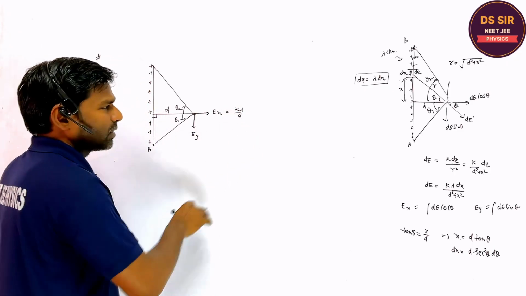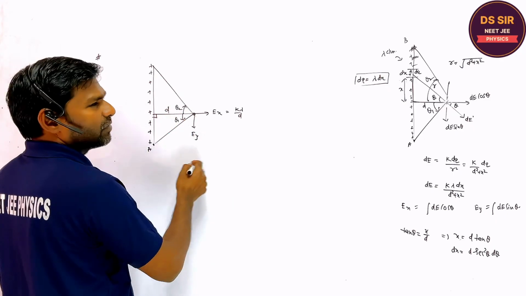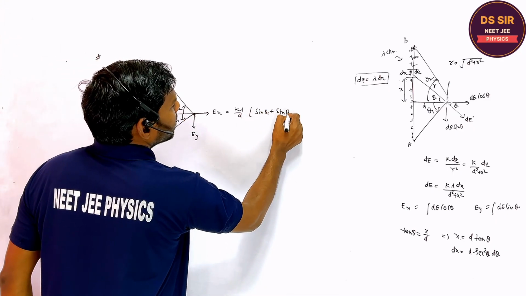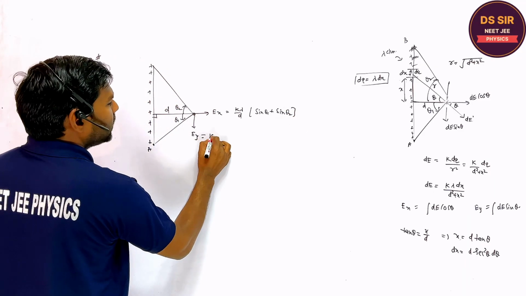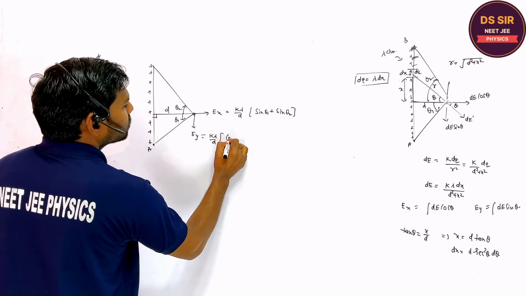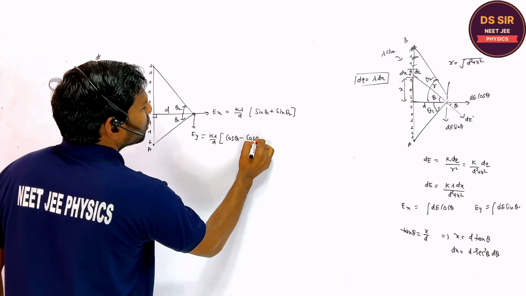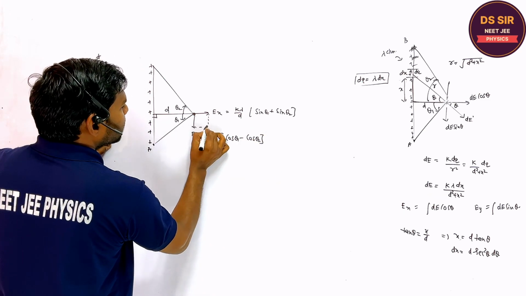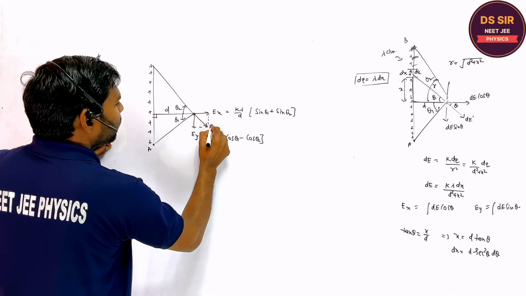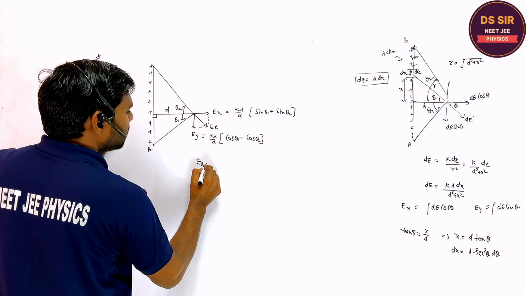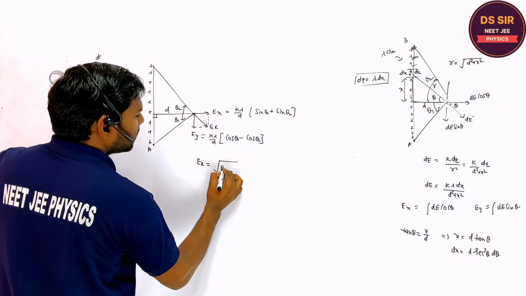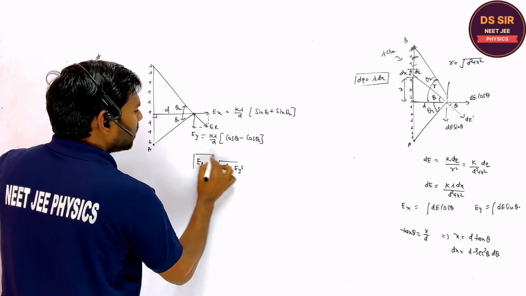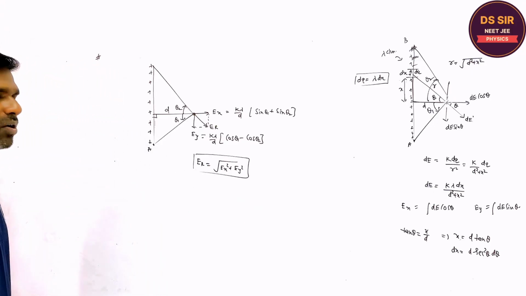You have to remember the x component in terms of theta 1 and theta 2 is k lambda upon d, sin theta 1 plus sin theta 2, and the y component is k lambda upon d, cos theta 1 minus cos theta 2. And if you want to find the resultant electric field, it is nothing but the vector sum of Ex and Ey, that is the square root of Ex square plus Ey square. Is it clear or not?